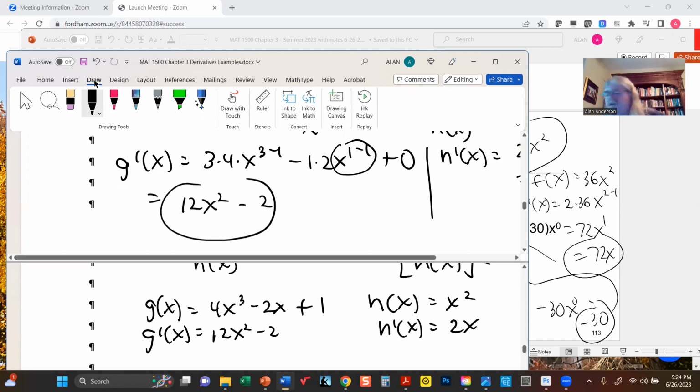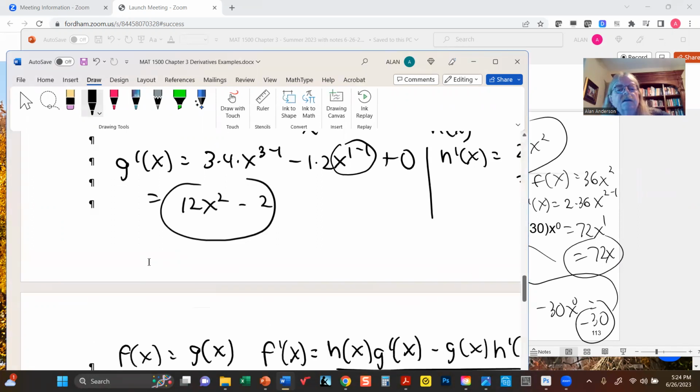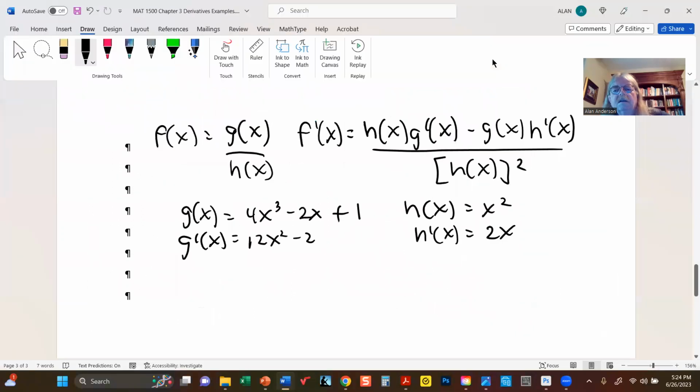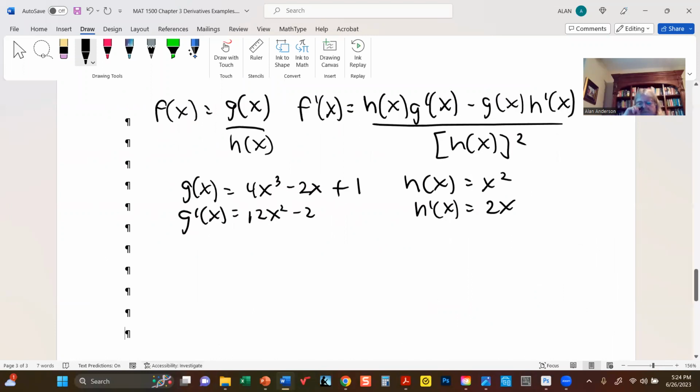All right, now it's just a question of plugging everything in. Okay. So ultimately, we'll end up with x squared times 12x squared minus 2, and so on.